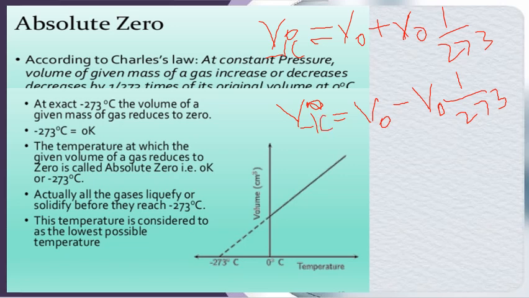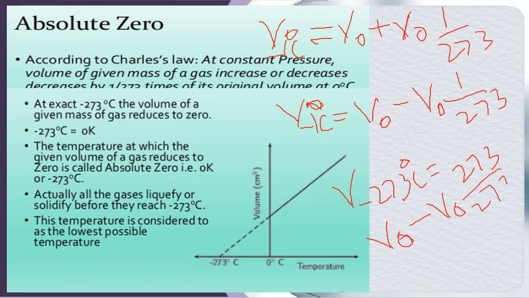Similarly, if you want to calculate the volume of the gas at minus 273 degrees centigrade, it will transform like this: V naught minus V naught into 273 upon 273.